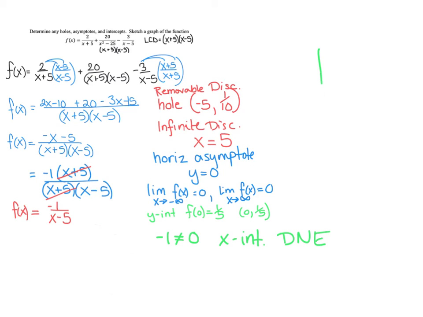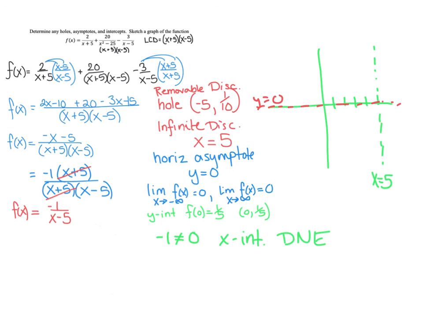So to do a sketch here, I know that I have a vertical asymptote at x equals 5. I have a horizontal asymptote along the x-axis at y equals 0.